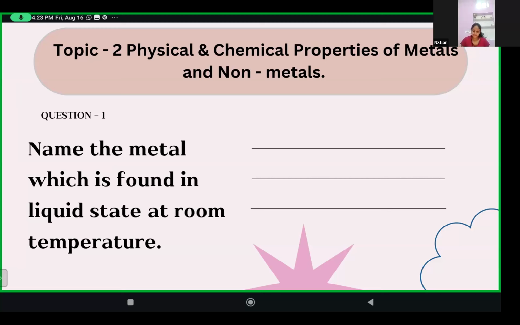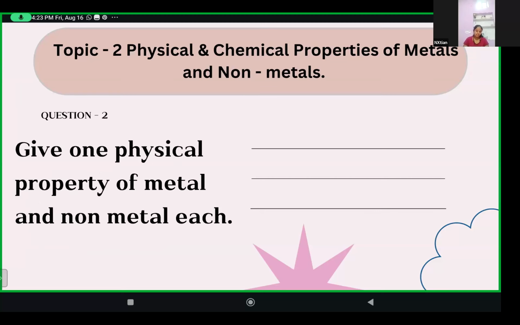Next question for Anaya. Give one physical property of metal and one physical property of non-metal. Ma'am, one physical property of metal is that metal is lustrous, which means it's shiny. Okay.